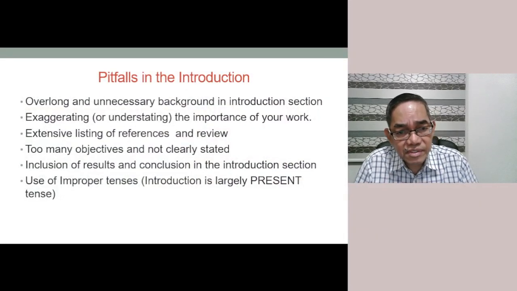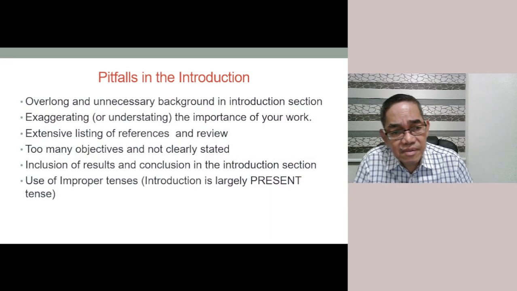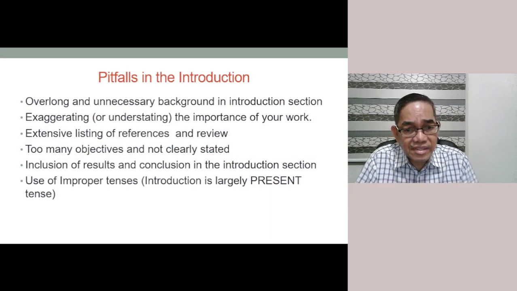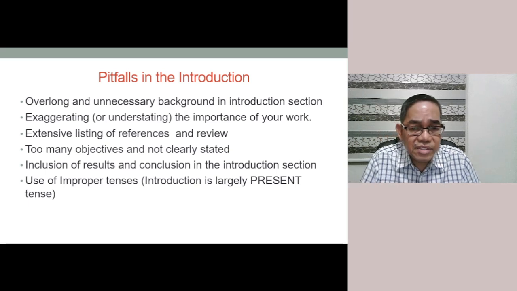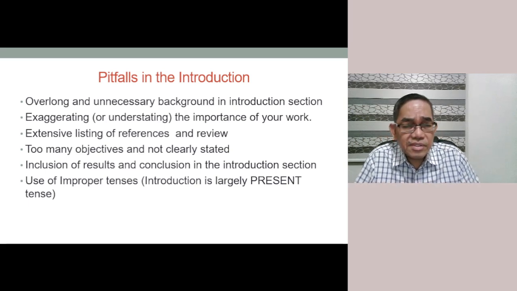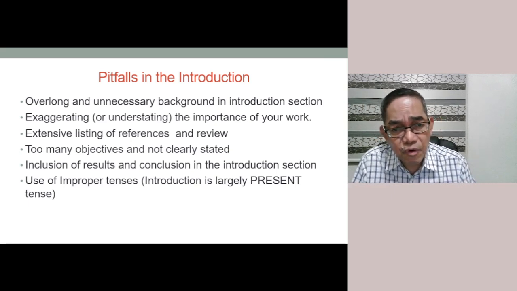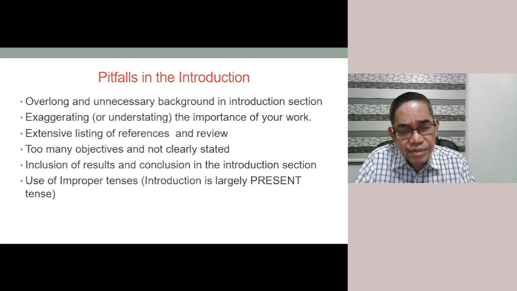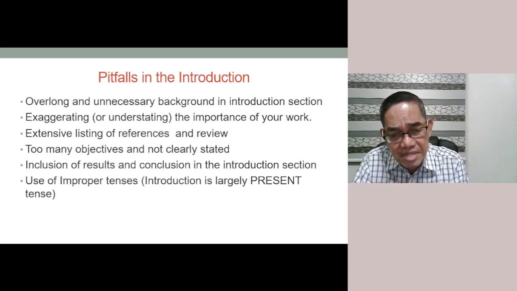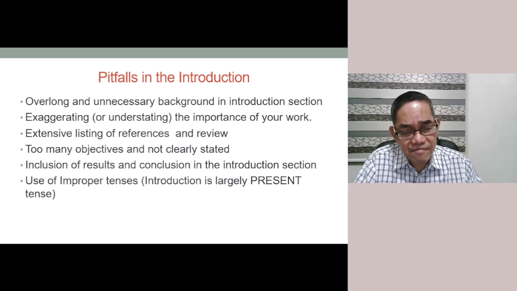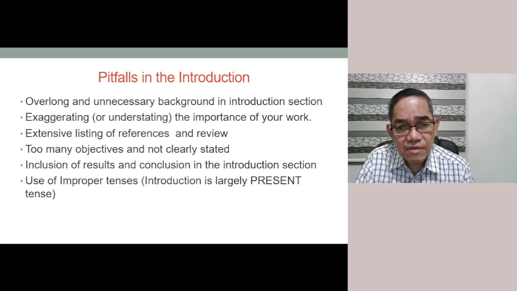Now, pitfalls in the introduction: overlong and unnecessary background in the introduction section. You see, I read a lot of papers submitted to me for comments, and the introduction many times is written very, very lengthily, 2, 3, 4 pages.